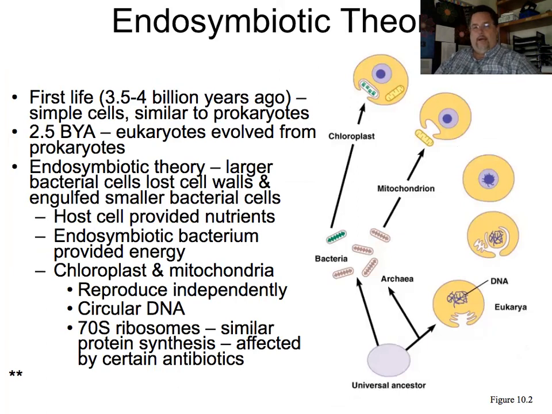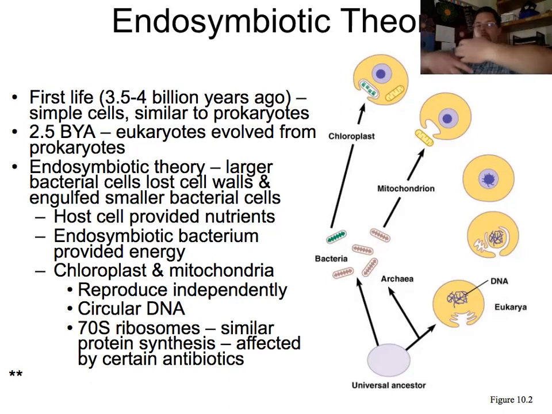So it could be chloroplasts, it could be mitochondria, it could be the nucleus, but basically those cells engulfed the organelles and developed this mutualistic relationship.